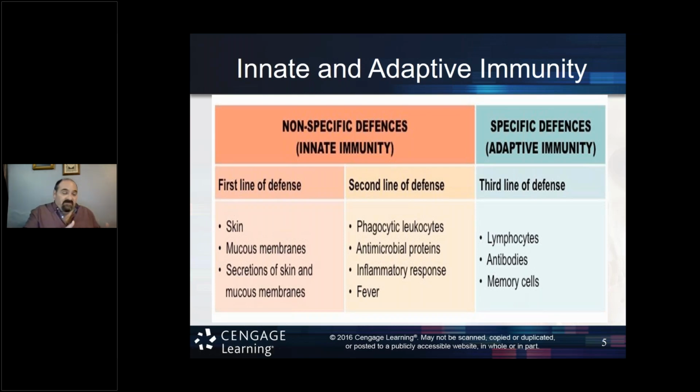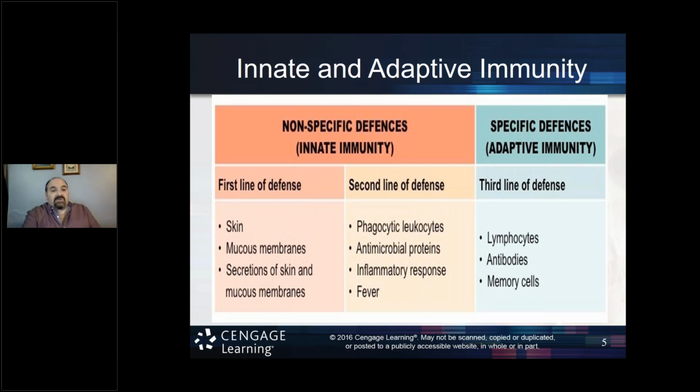So the non-specific defenses, your innate immunity, you're born with it, would be the skin and the mucous membranes, present within the oral and nasal cavities. Then there are secretions of the skin and mucous membranes.